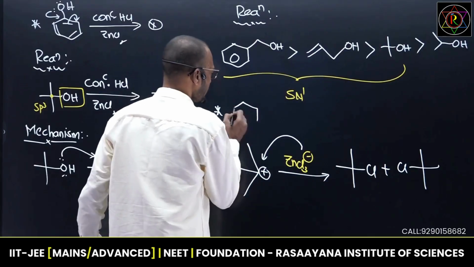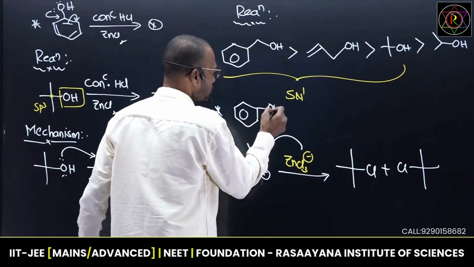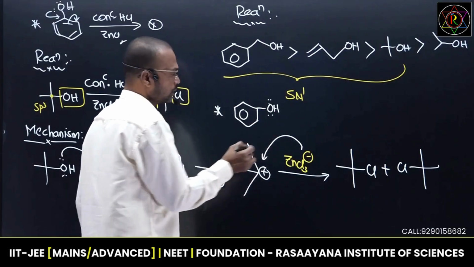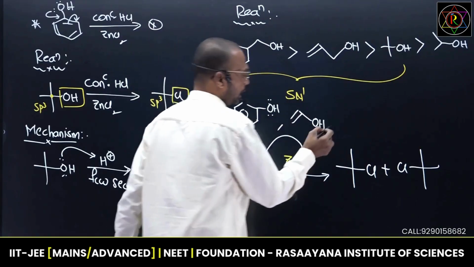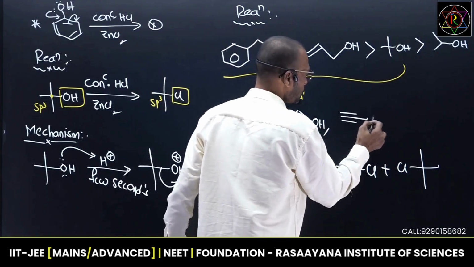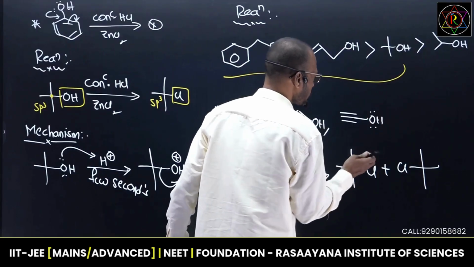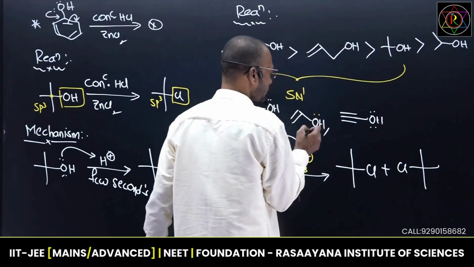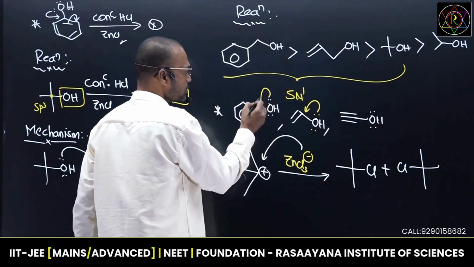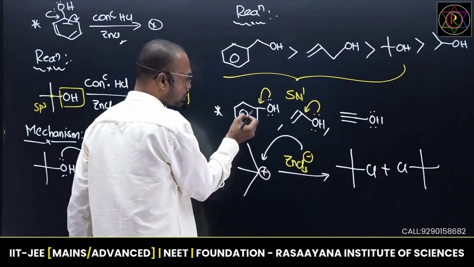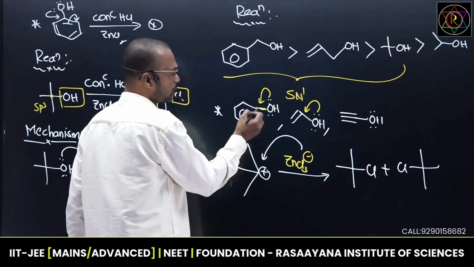Next, I can take any hydroxy group attached to benzene, that is phenol, or any hydroxy group attached to a double bond, or any triple bond attached to alcohol. For these particular groups, due to mesomeric character, a double bond character is expected between carbon and oxygen. See this: the non-bonding electrons go towards the benzene side, so it will show a double bond character here.